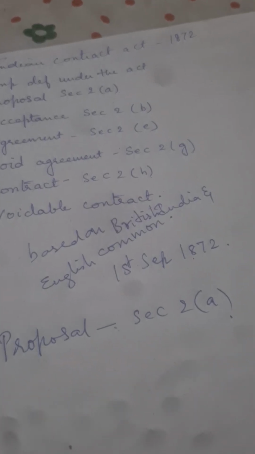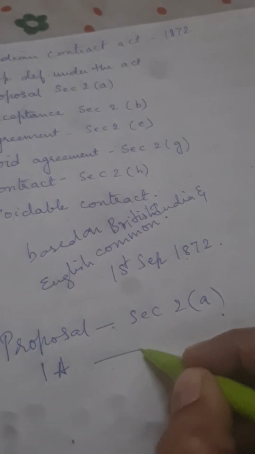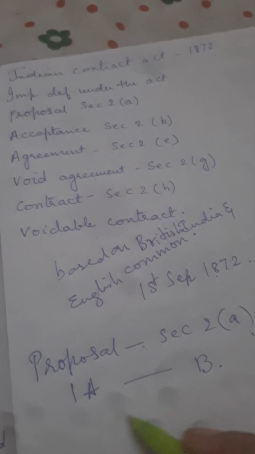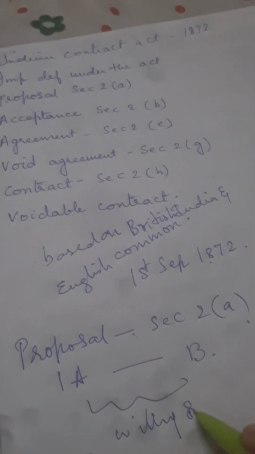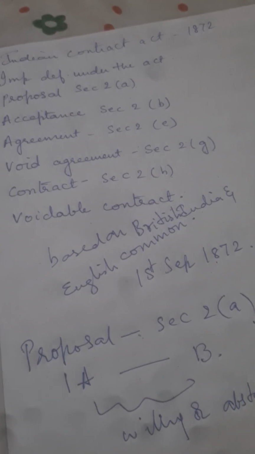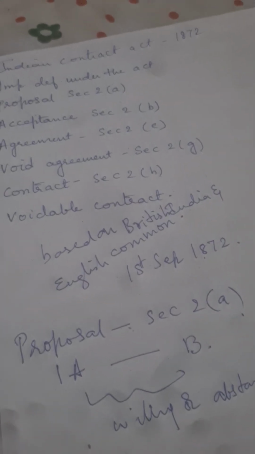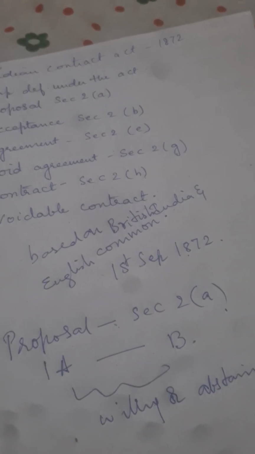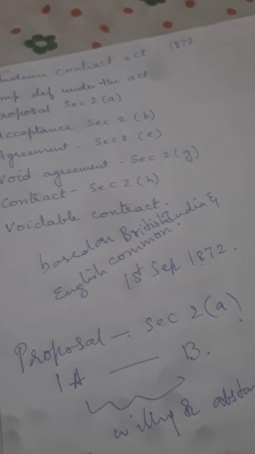So here, one person A signifies to another person B his willingness to do, or to abstain. Abstain means not doing anything, with a view to obtain the assent of that person to such act. He is said to be making a proposal.